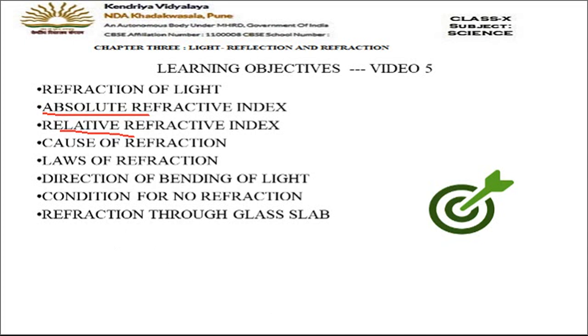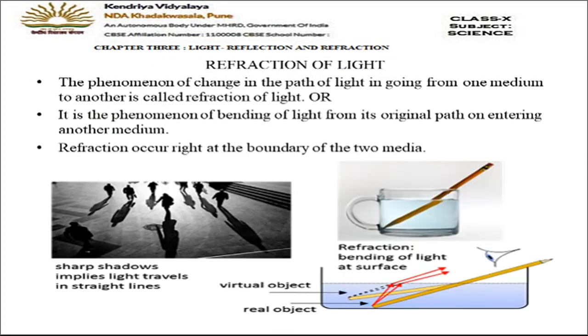So let's start with the first concept, that is refraction. Let us first try to understand this phenomenon. Students, you have studied that in reflection, when the light strikes the surface of the mirror, it bounces back and goes back to the same medium. But what happens in the case of refraction?